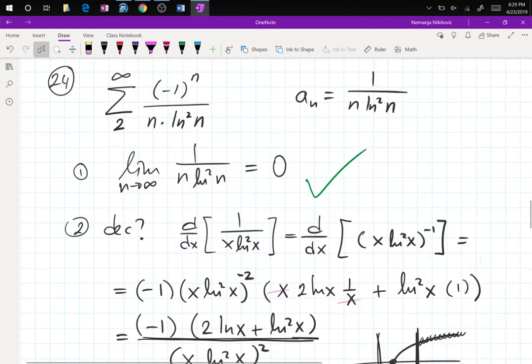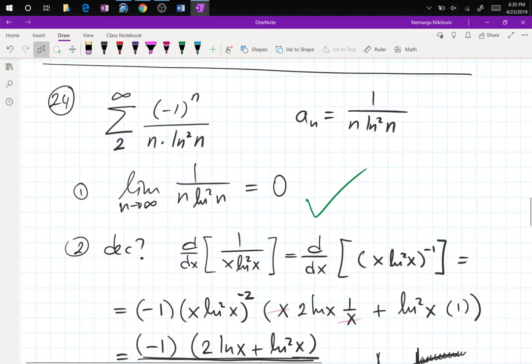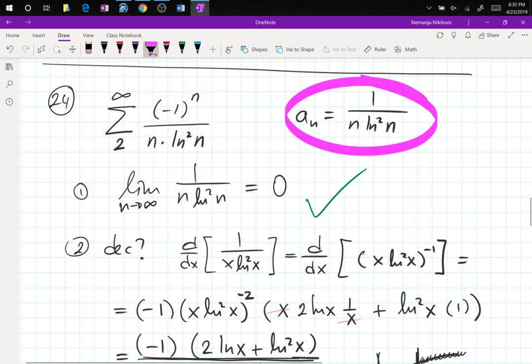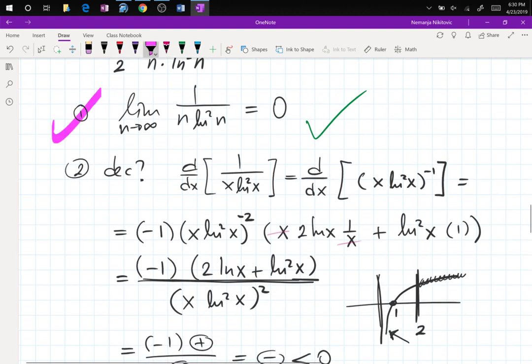All right, guys, let's go one more time. So you see it's an alternating problem because you have an alternating piece. You immediately extract AN, and then you test the two conditions. One condition is that AN in the limit has to go to 0, and the other is that AN is decreasing.